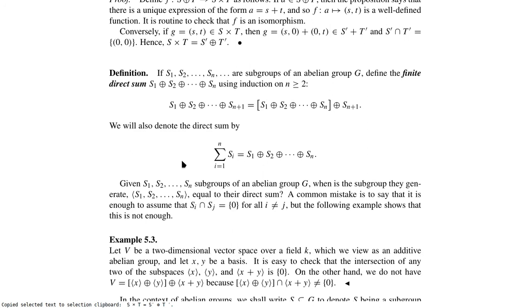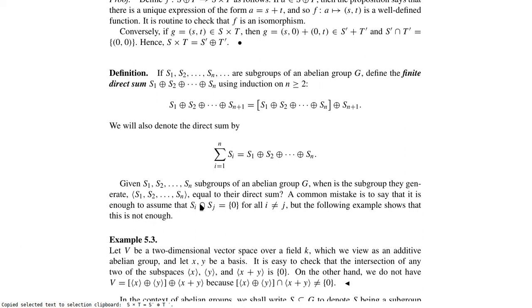Then we introduced something called the finite direct sum, right? So if you have this collection, this family of abelian subgroups of an abelian group, then you define the finite direct sum of these subgroups using induction, right? So in the sense, you first define the finite direct sum for two subgroups, S1, S2, and then you increase inductively.